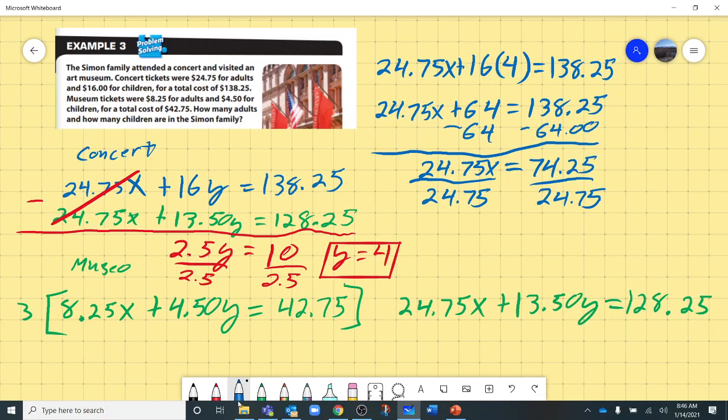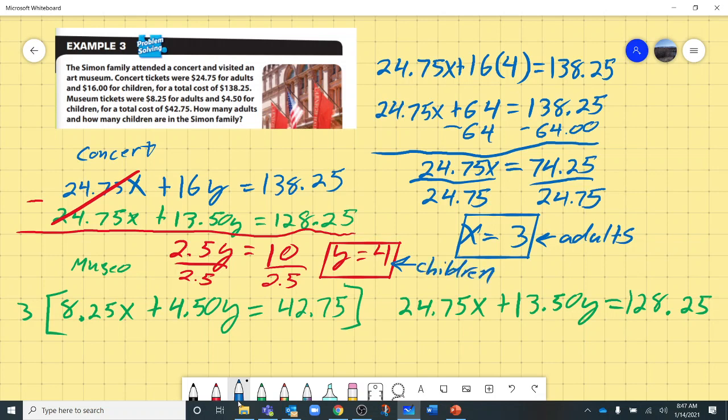And it better come out as a whole number because you can't have a fraction of a person. X equals 3. Okay, so remember x was adults and y was children. So we have 3 adults and 4 children. And that's what our solution means.